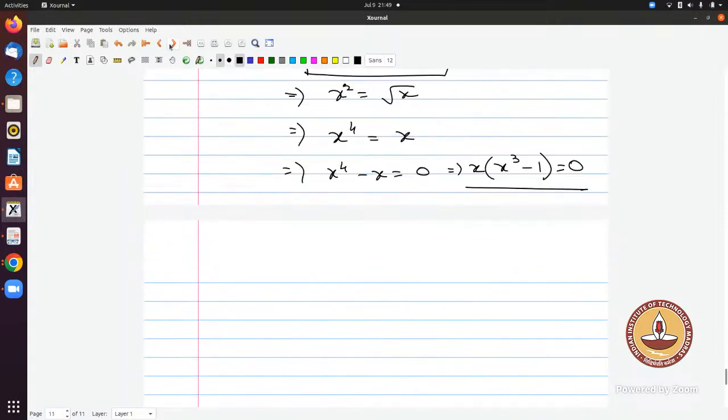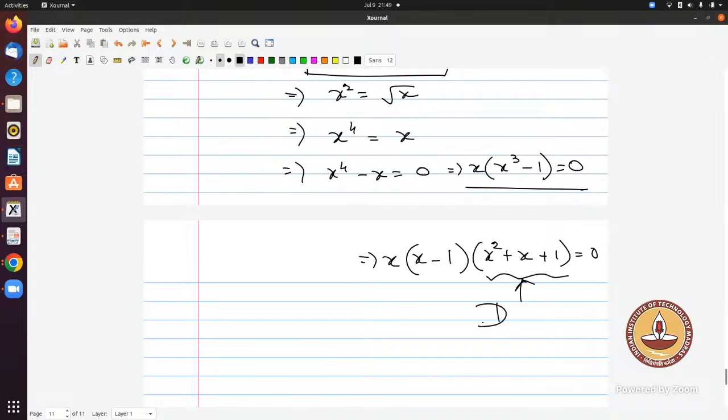So I can break it further. This is what I can do. Correct? Now this portion does not have any real root.